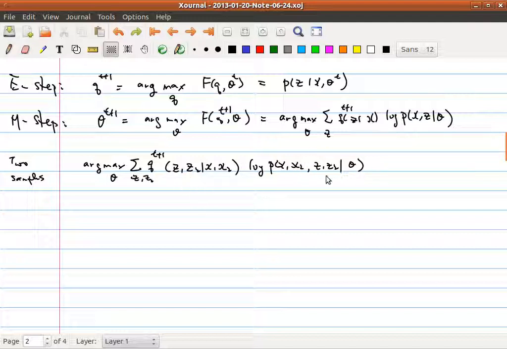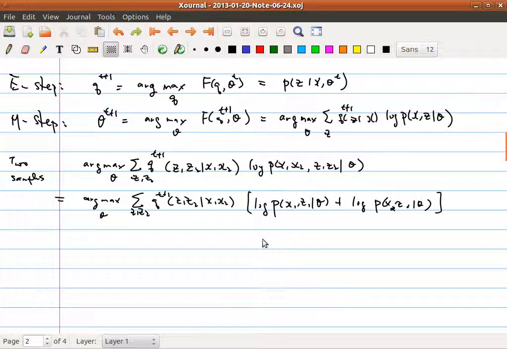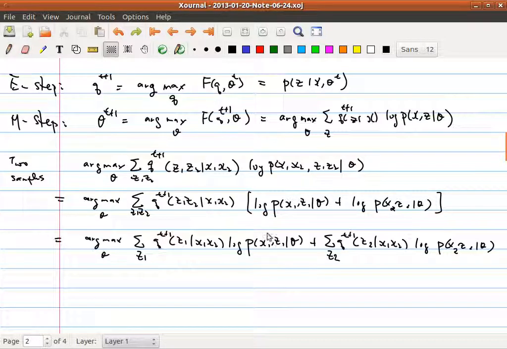Note that given theta, x1, z1 and x2, z2 should be conditionally independent. So I can split them like this, and then regroup the terms. Since this term does not depend on z2, I can sum over z2 and get this marginal probability without z2, so with z1 only.